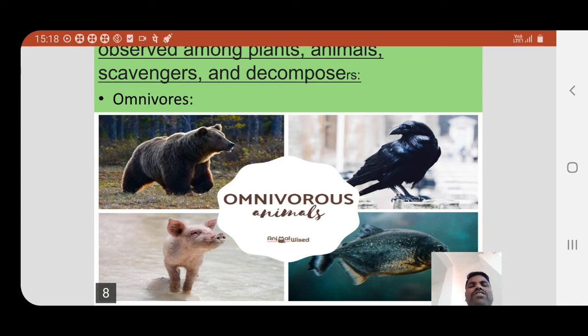They are both vegetarian and non-vegetarian; they eat both types. So we call them omnivorous. Even human beings are omnivorous, because some people eat both vegetables and non-vegetarian food. Deer, crow, pig, and fish are all omnivorous.